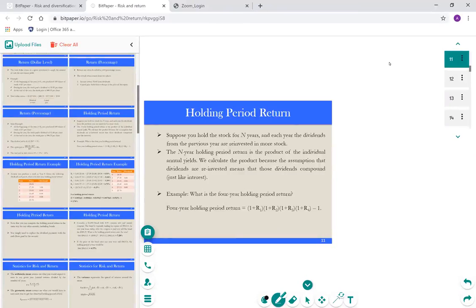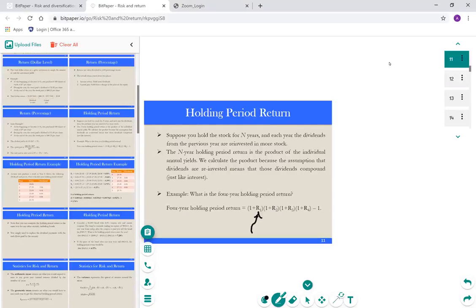So we just looked at a case of the returns over a single year. We can think about this more generally for n years. And in that case, you're going to multiply the percentage returns year upon year. In the case of a 4-year, let's say you wanted to calculate the 4-year holding period return, you'd figure out what the return is in the first year.